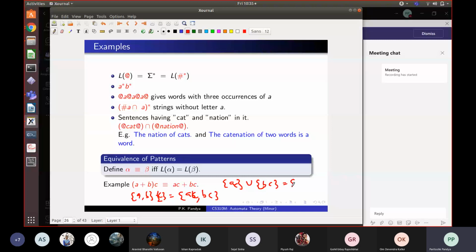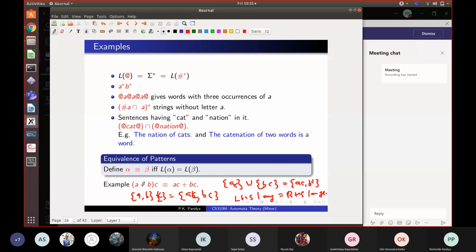And so you will get AC, BC. So both sides will evaluate to the same thing, and you can easily check that LHS language is equal to RHS language, right? By using the definition of the language of the expression.